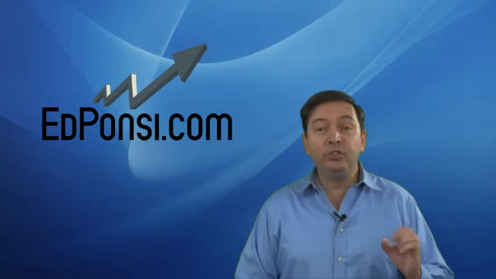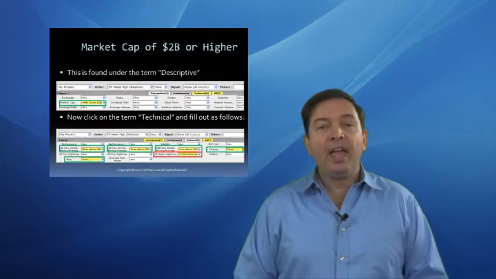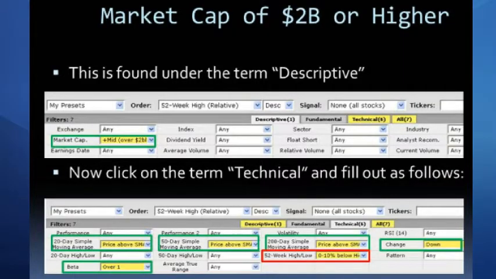Remember, we're on finviz.com, and we go to the screener, and we're going to enter a market cap of 2 billion or higher under the term descriptive. Then we change the term from descriptive to technical, and under technical we're going to find different sets.